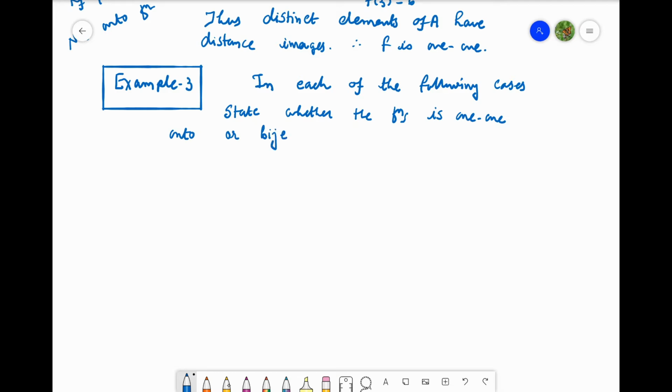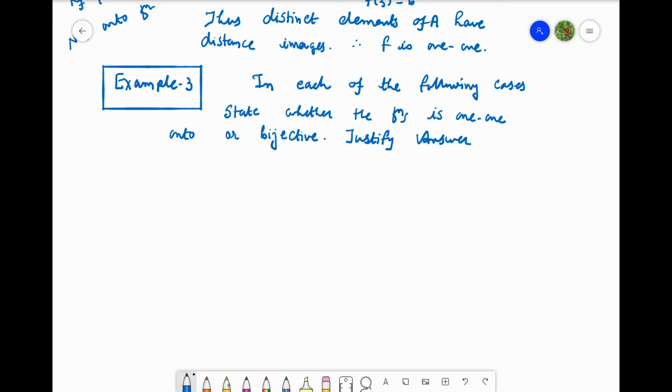Bijective means both one-one and onto. Justify the answer.